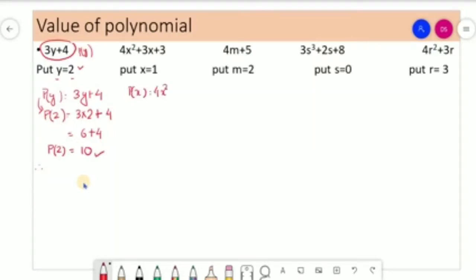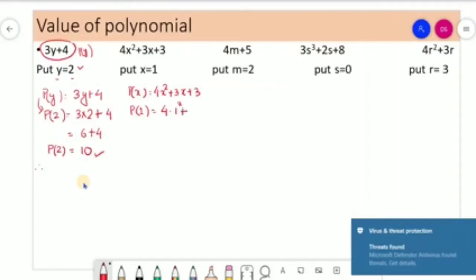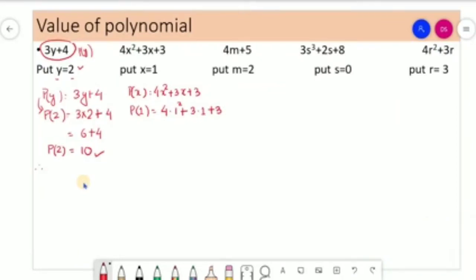Okay, now this one we can write, P(x) is equal to 4x square plus 3x plus 3. Now put x equal to 1. So this polynomial changes like this: 4 into 1 square plus 3 into 1 plus 3.